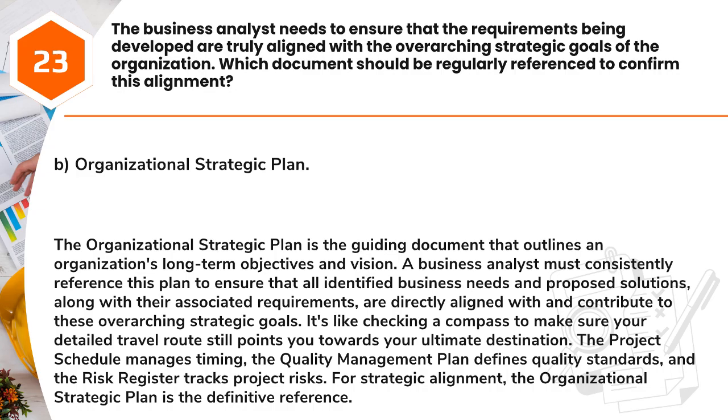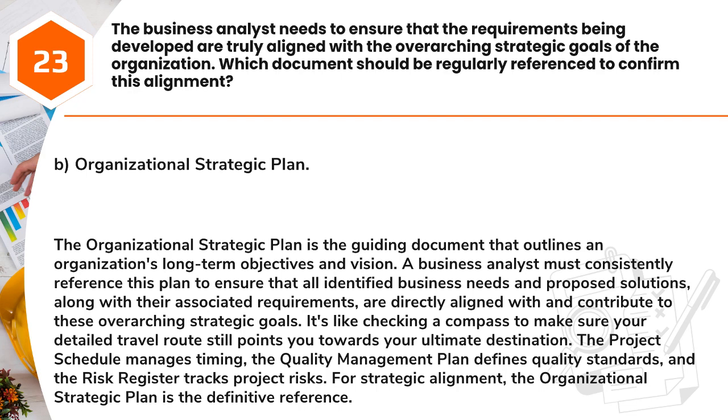Answer. B. Organizational strategic plan. The organizational strategic plan is the guiding document that outlines an organization's long-term objectives and vision. A business analyst must consistently reference this plan to ensure that all identified business needs and proposed solutions, along with their associated requirements, are directly aligned with and contribute to these overarching strategic goals.